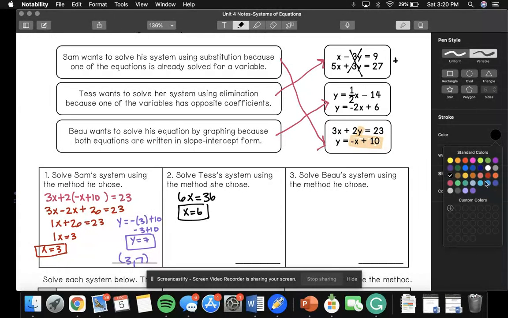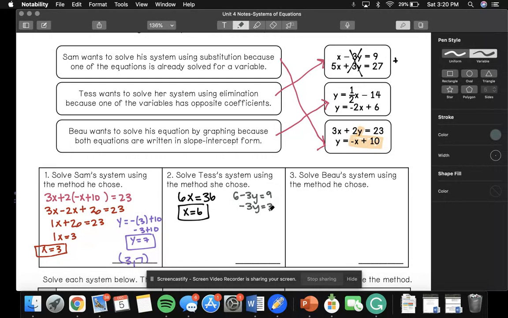Then to figure out the y variable, you can pick either equation. So we'll do the top one, x minus 3y equaling 9. So x is 6, 6 minus 3y equals 9. I would subtract the 6 and get 3, divide by -3, and I would get -1. So when x is 6, y would equal -1.